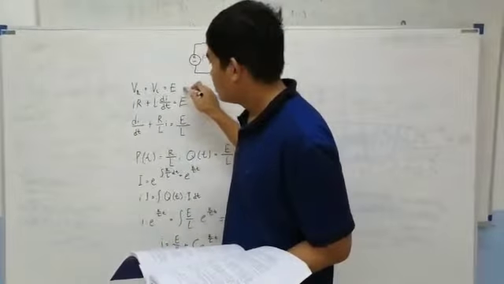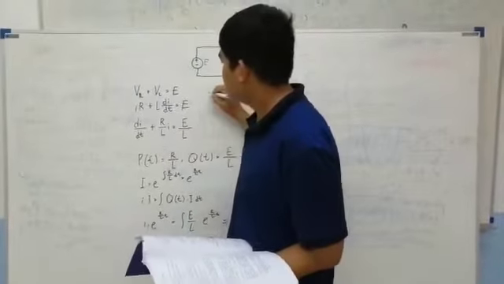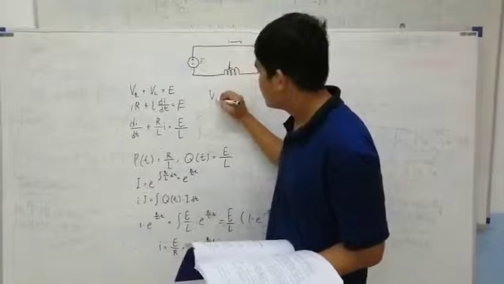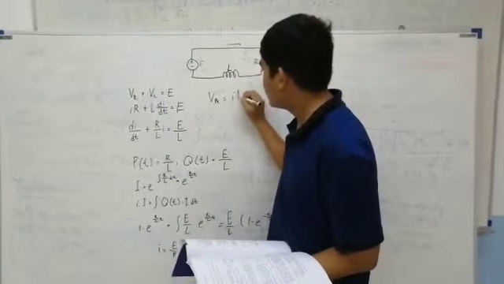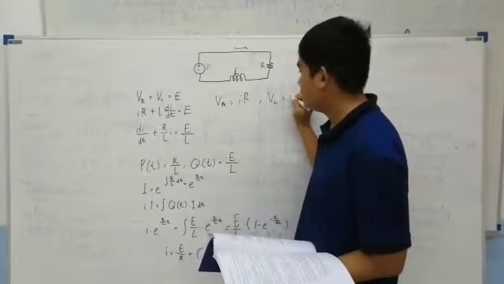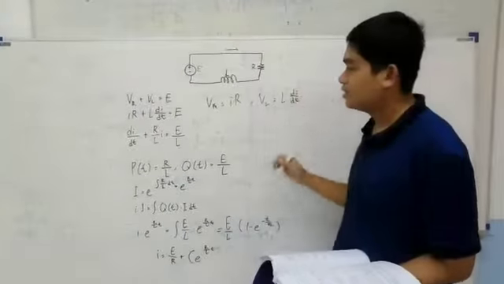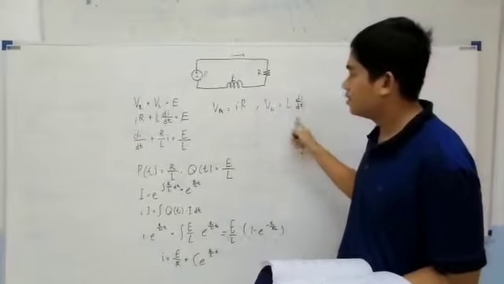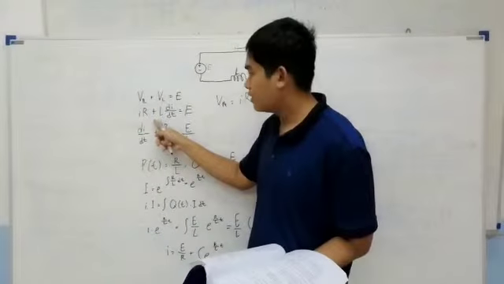Secondly, we have to substitute the formulas VR is equal to IR and VL equal to L dI over dT. This is a formula, so we substitute it in the first formula.